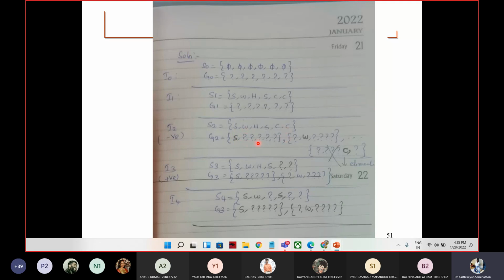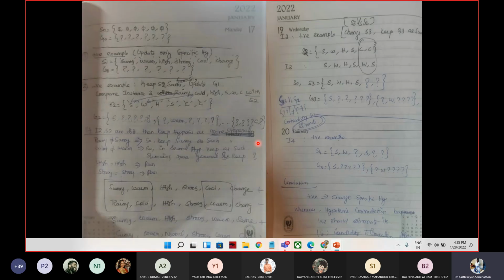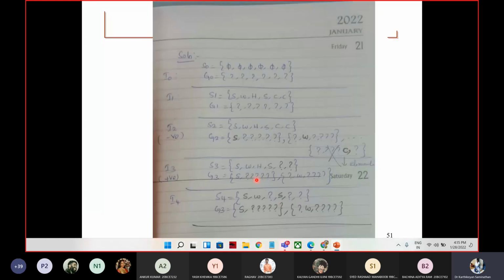Now the second one, I am taking warm with cold. Warm versus cold is also different, so I need to keep the second hypothesis as such and the remaining hypothesis more general. So now warm will be my second hypothesis, and the first one is a question mark, the general one.